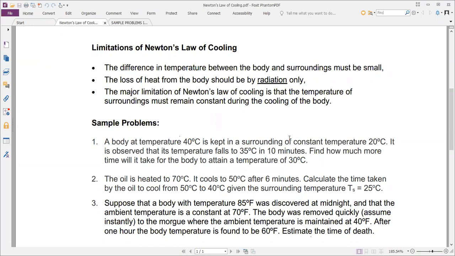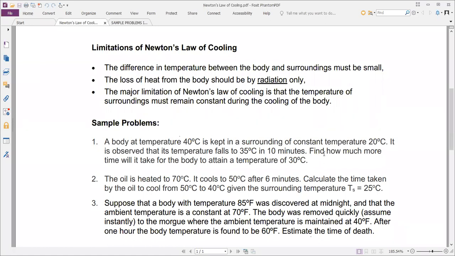So after 10 minutes, we observe that from 40, the temperature of the body was reduced to 35 degrees Celsius. Now, with this condition, we find how much more time it will take for the body to attain a temperature of 30.